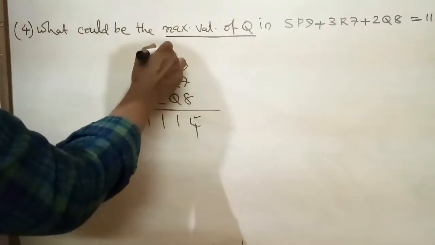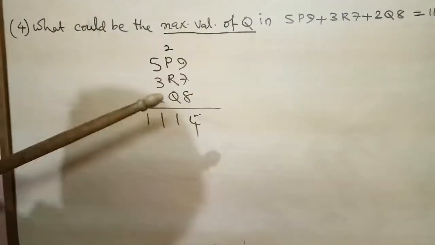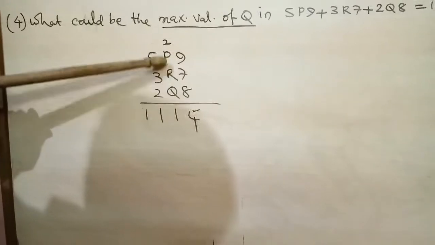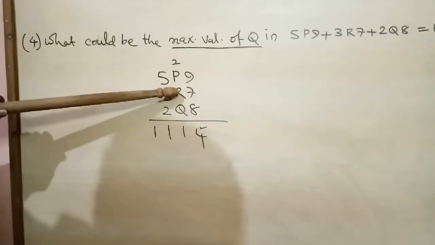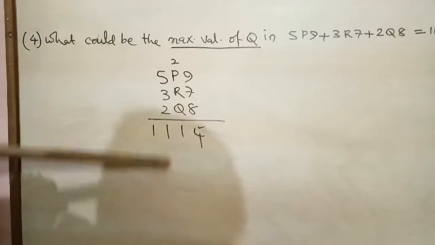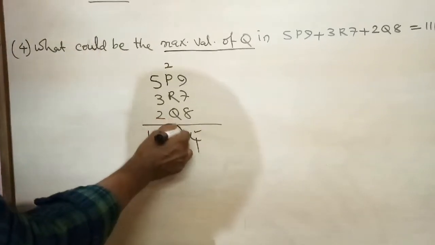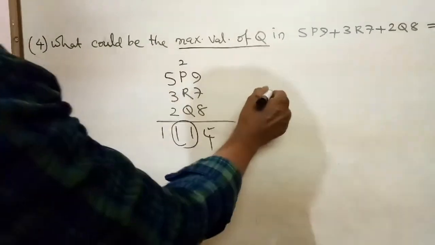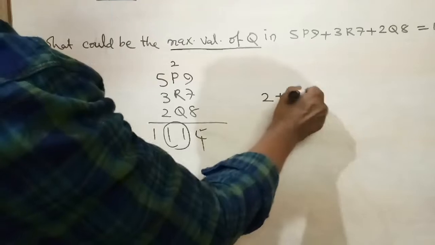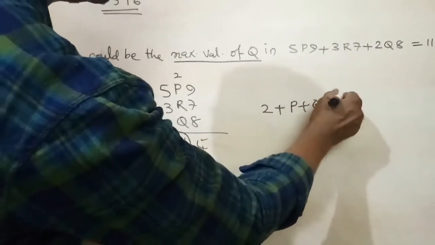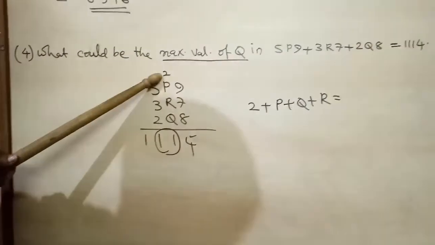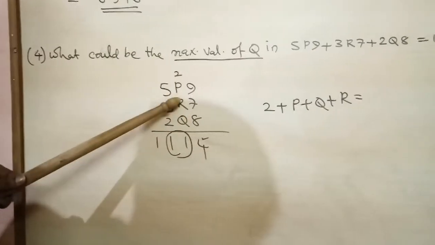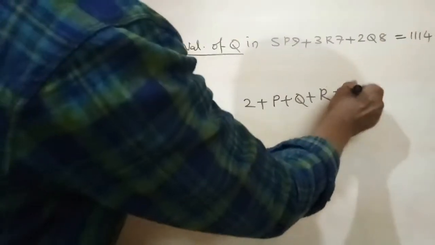Therefore, here 2 is there. Here see, 2 plus p plus q plus r should be 11.